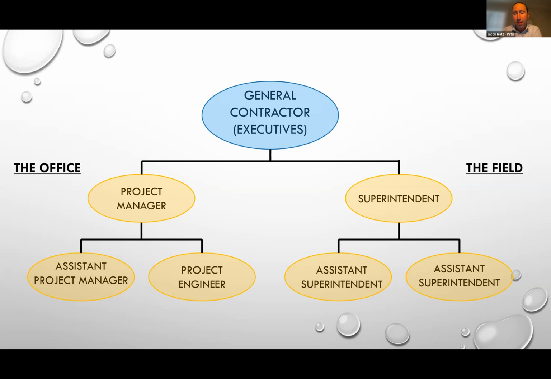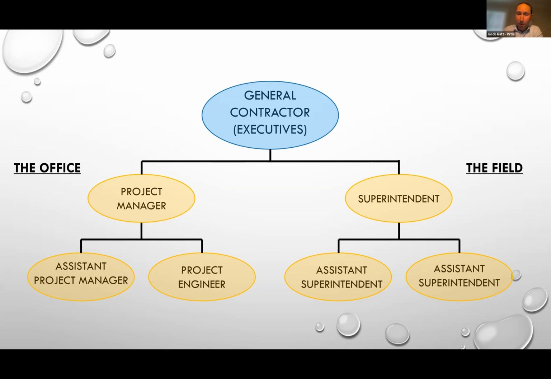And then there's other roles on the office side, or different names and different titles that different companies use, but generally fall into that hierarchy of individuals. On the field side is where we have what we call our superintendents, also known as site managers, field supervisors, and underneath them we have assistants. So this in general represents the types of roles and individuals that work on the general contractor side.